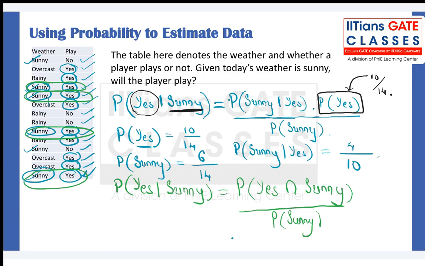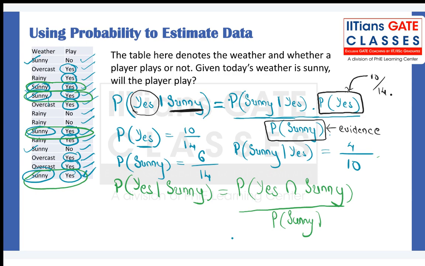And this denominator part is called evidence. What is the evidence you have that it is actually sunny? Do you have any proof that it is sunny such that your prior will change? Okay.